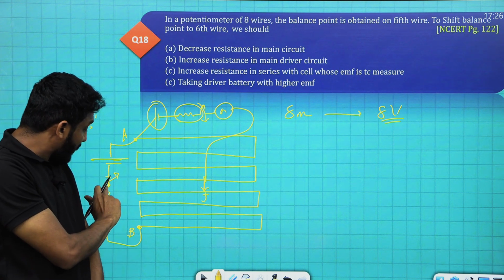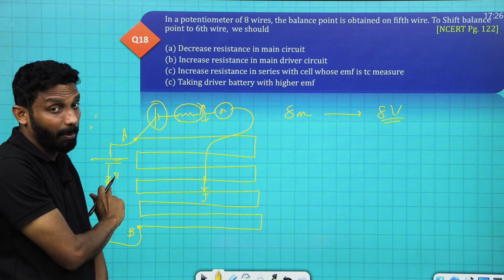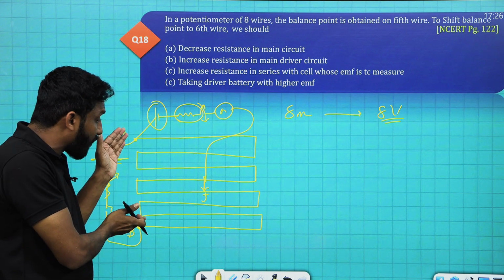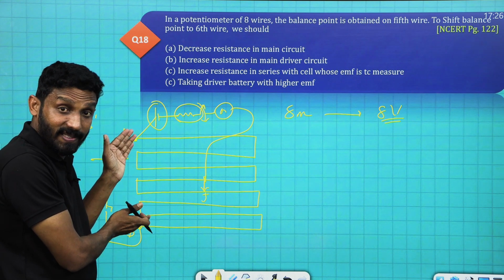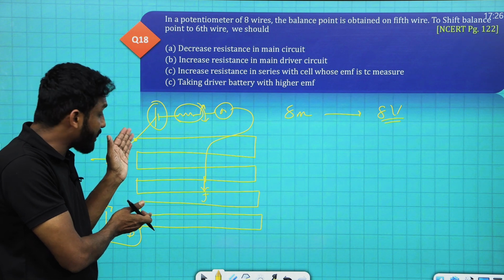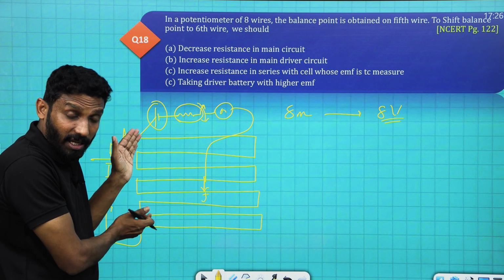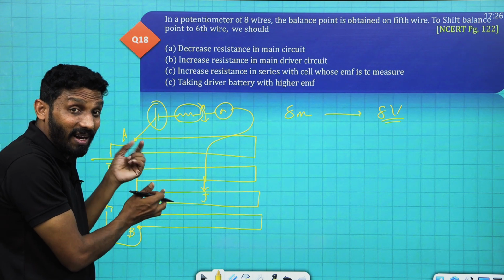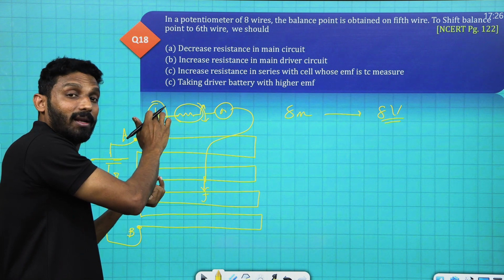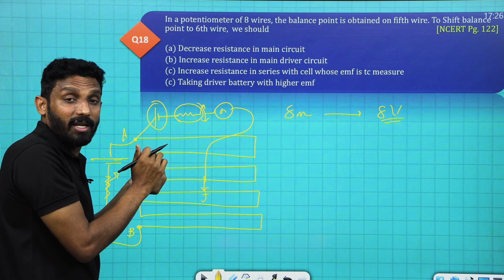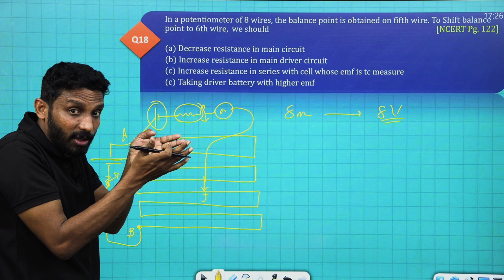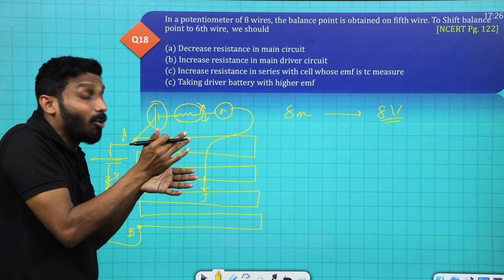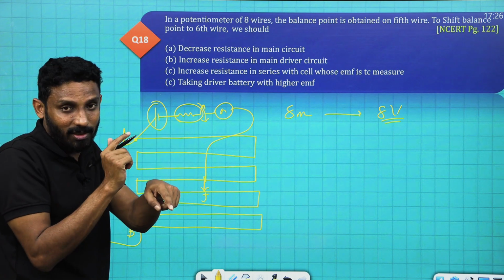If we decrease the resistance in the main circuit, what will happen? The potential difference across this entire wire increases. That means we require less length to balance this cell. Less length only. Then from the 5th wire it will shift to the 4th wire or 3rd wire, not to the 6th.